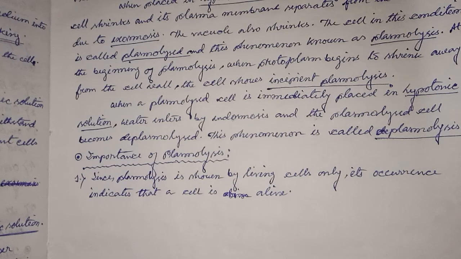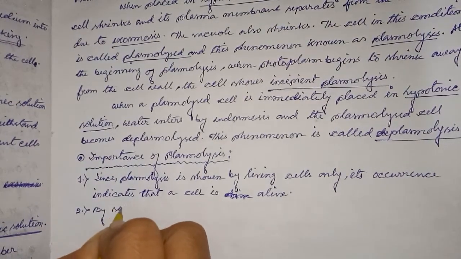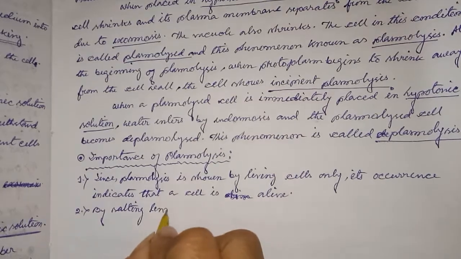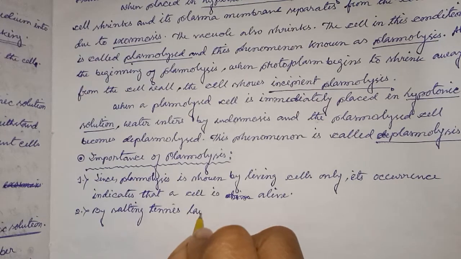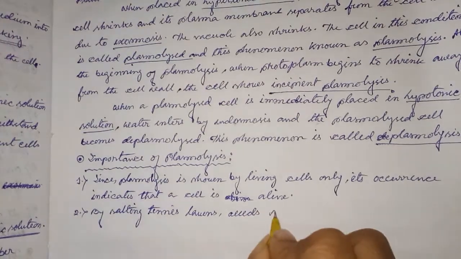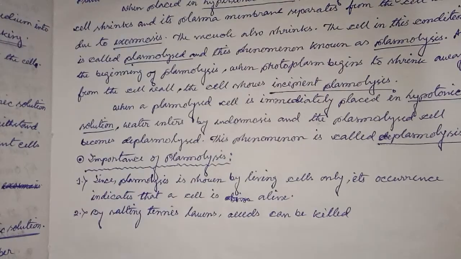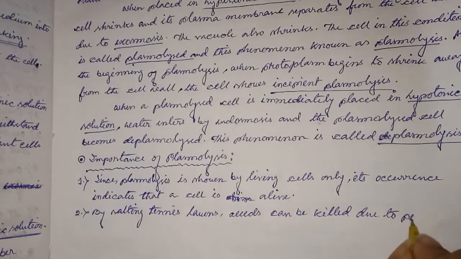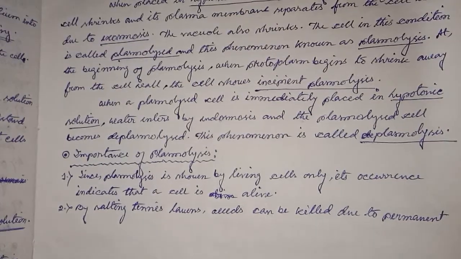Next, by salting tennis lawns, weeds can be killed due to permanent plasmolysis of their cells.